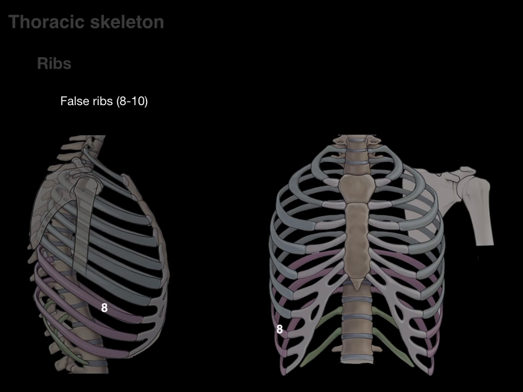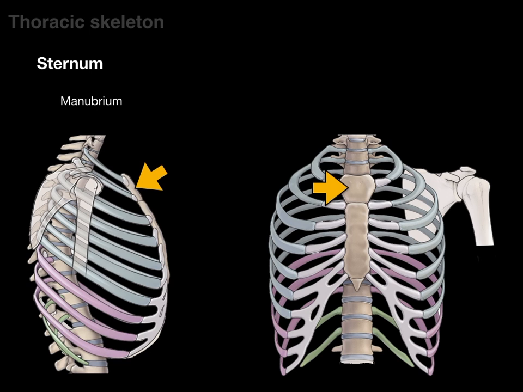Whereas the false ribs, ribs 8, 9, and 10, notice that each of those bony elements, those 3 different segmental ribs, are going to send their costal cartilage joined together to then articulate with the sternum. Now, the floating ribs, ribs 11 and 12, are called floating ribs because they do not articulate with the sternum.